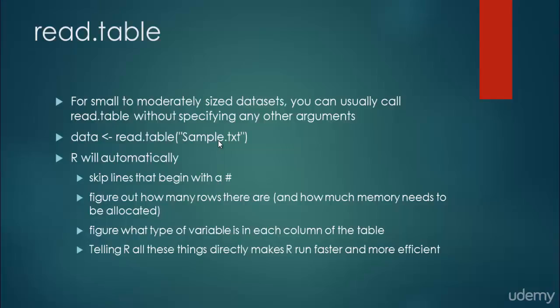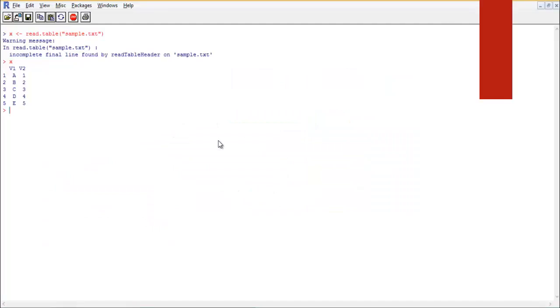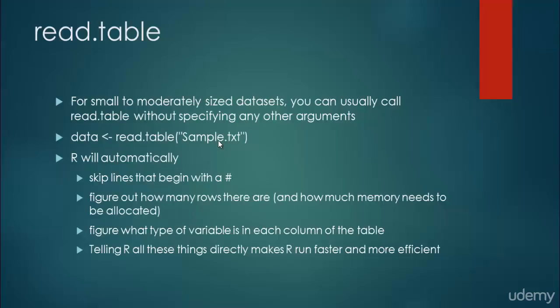Based on the number of rows and the number of columns in the data, R will automatically assign the space required to keep the data. And it has the ability to figure out what type of variable is in each of the columns. In this data, the first column is character and the second is integer, and R can automatically find out what type of variable is in each column.